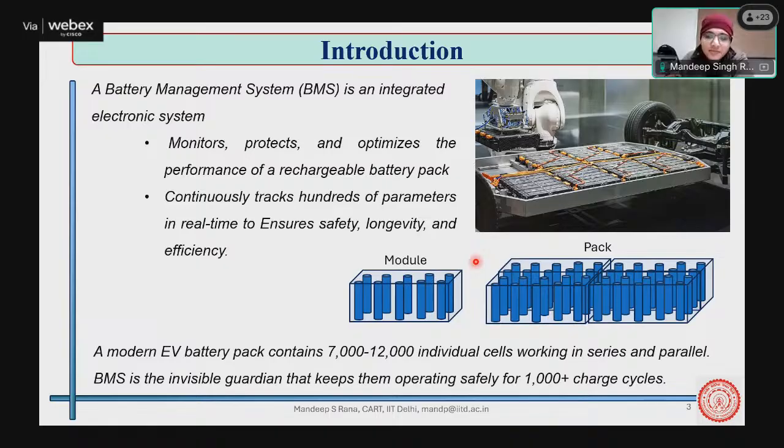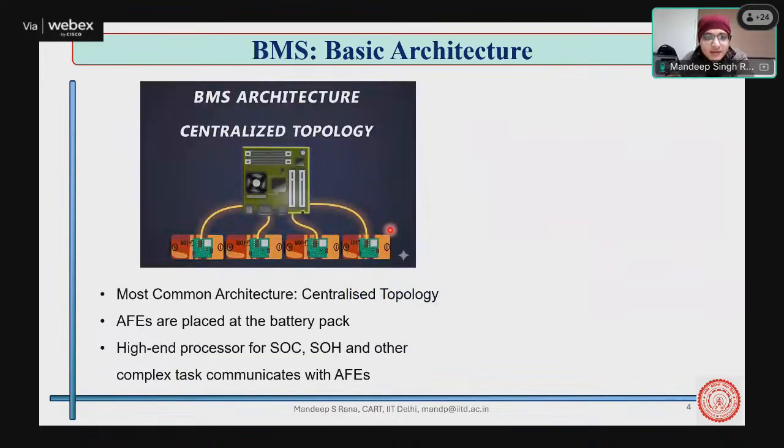Now, if we come to the general BMS thought, this is how people do it. There will be a central processing unit which will be a significantly powerful processor. We can think of it as a mini CPU, more like a DSP based system, which will take care of a lot of heavy calculations.